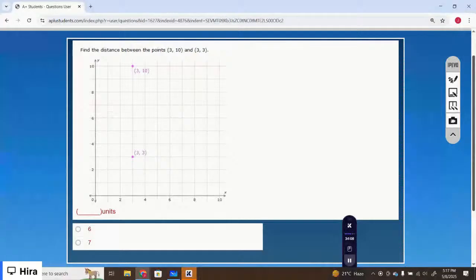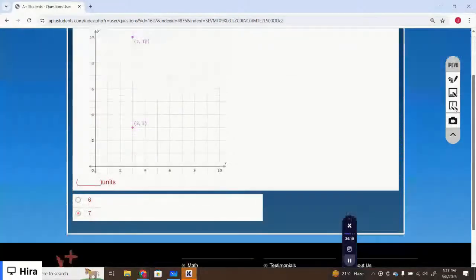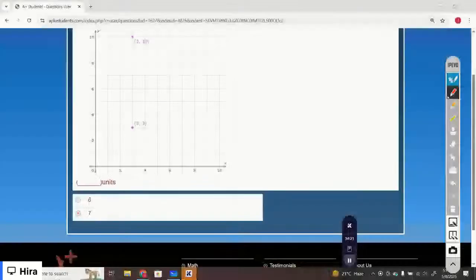That is 10 minus 3, which is 7. Option number 2 is the correct option.